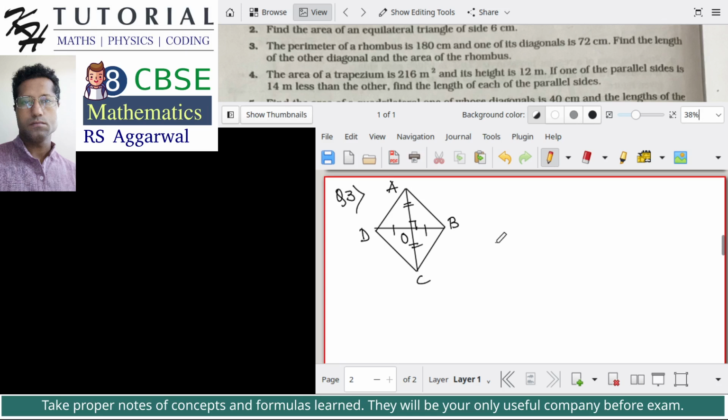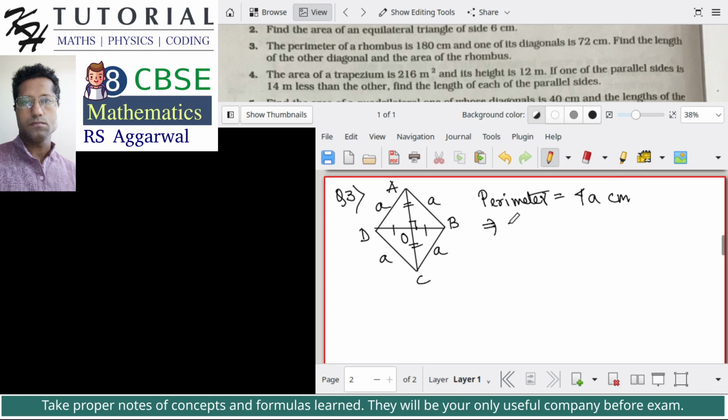Okay, let's solve it step by step. Let each side of the rhombus be A. The perimeter P is 4A centimeter, where the length of each side as per our assumption is A centimeter.